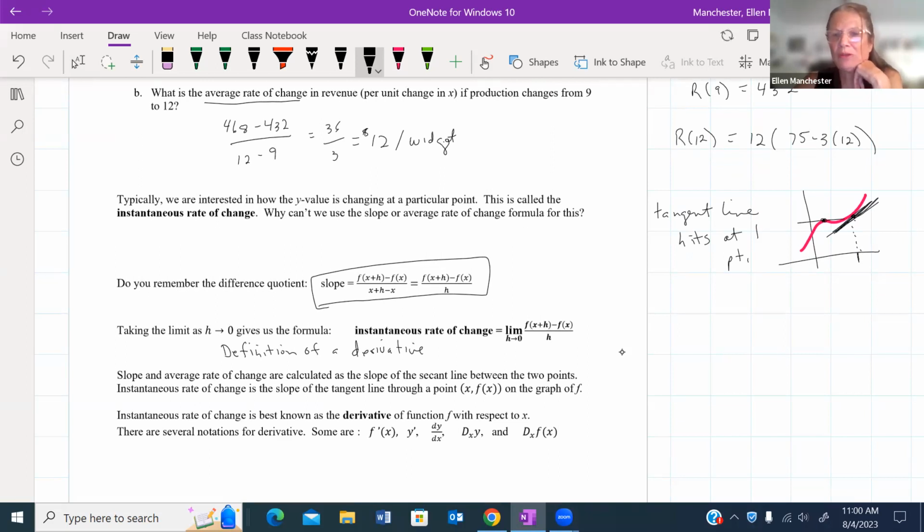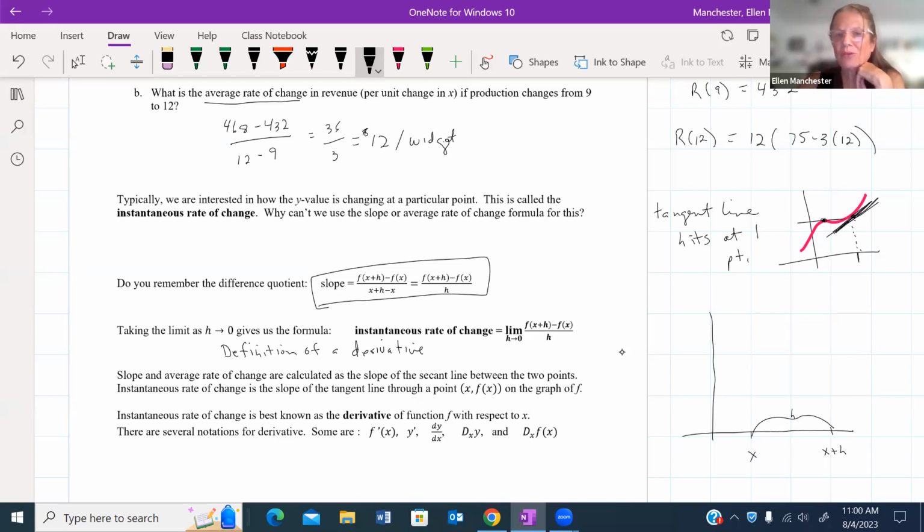Remember when we talked about the difference quotient, here we have our X value, here we have our X plus H. Well, that H value is this distance, whatever we added to X to get from this point to this point.